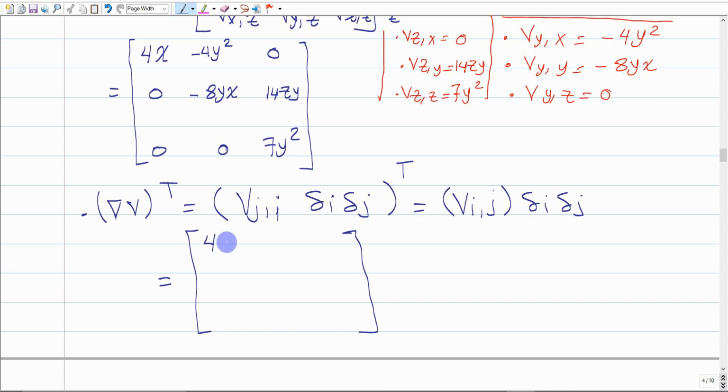So for example, we're going to have 4x, then -4y squared, then 0, then 0, -8yx, then 14zy, then 0, 0, 7y squared. Make sense? So this is the transpose of this tensor, and this is for this example. So this is for the gradient of a vector, I'm sorry.